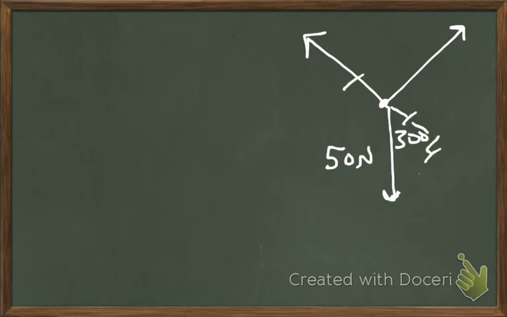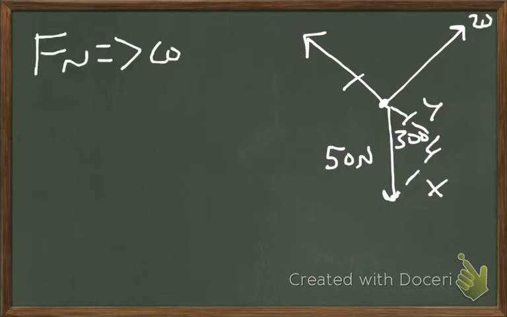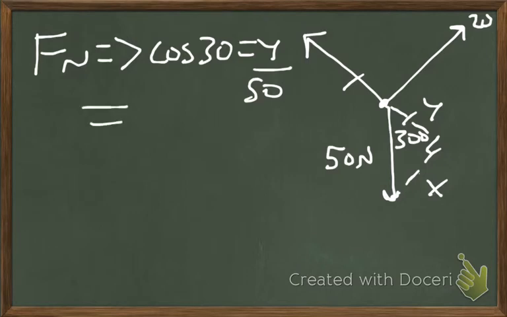So those two are the same, normal force and that component. Let's give them names, y and x. So y will cancel with normal force, x will not cancel with friction, but we have to add them up. So we can find our normal force just like this, where we've got using the cosine, and then solve it for y. That'll tell us normal force. It's 43 newtons. If you don't believe me, put it in your calculator.